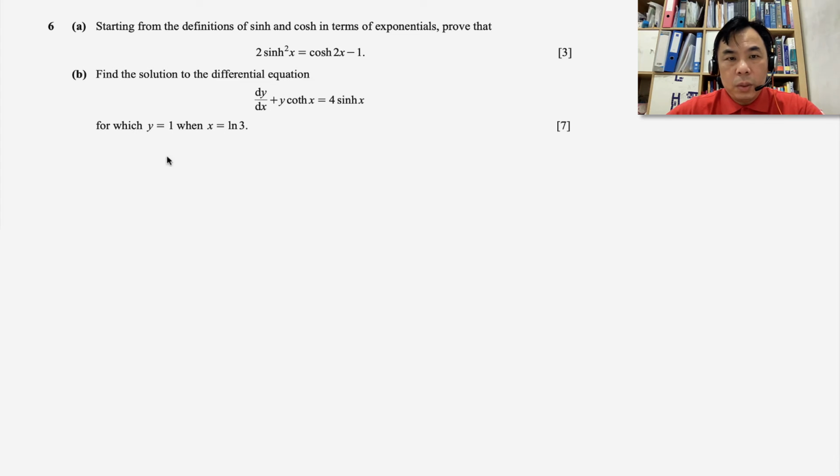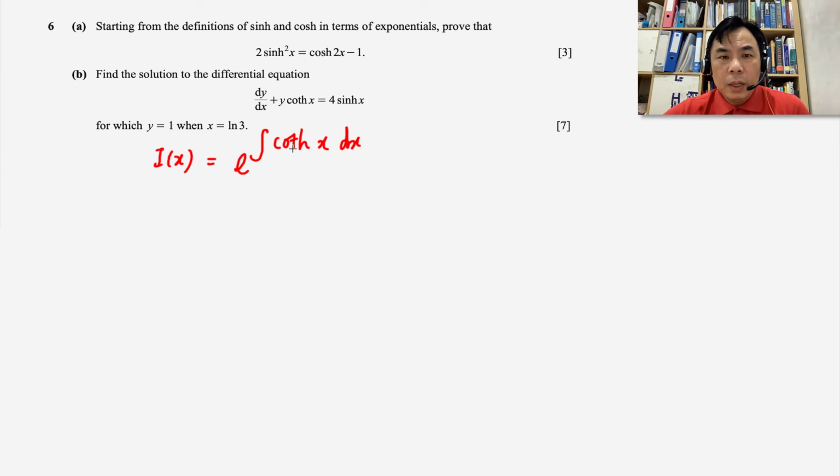Okay, so from here, first of all, we're going to find out the integrating factor, which is basically given by exponential raised to the power of the integration of coth x dx. All right, now that is the procedure that we use to find the integrating factor.